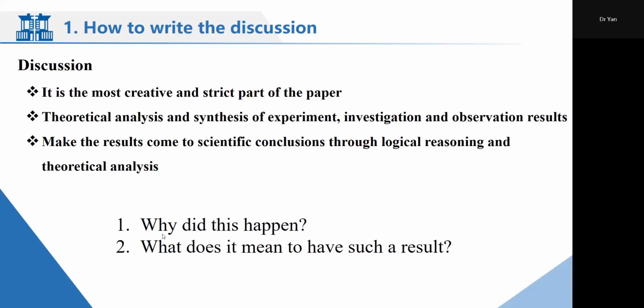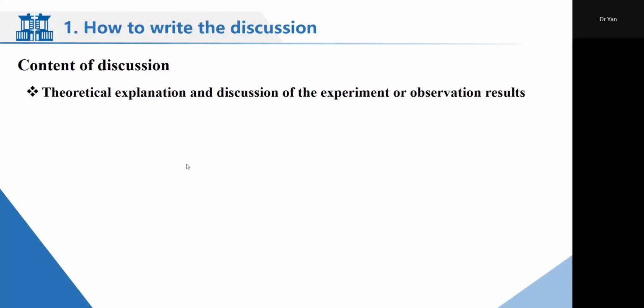And it answers two questions for the readers: why did this result happen, and what does it mean to have such a result? That's the point of writing the discussion. As I said, the discussion part is not that easy to write, so let's see how to write a discussion. The first step is to make the theoretical explanation and discussion of the experiment or the observation results.